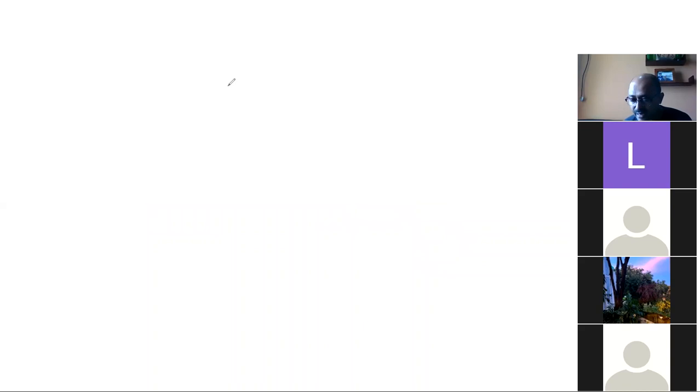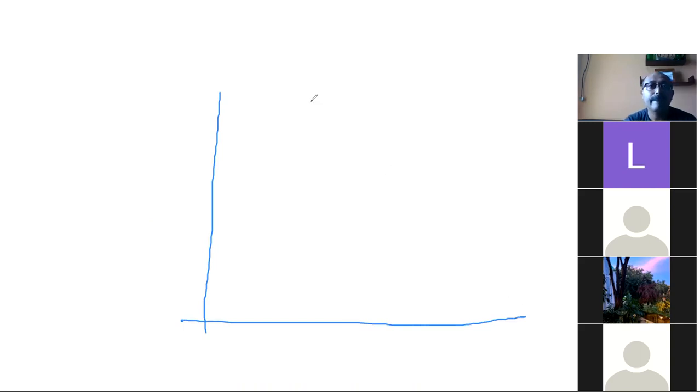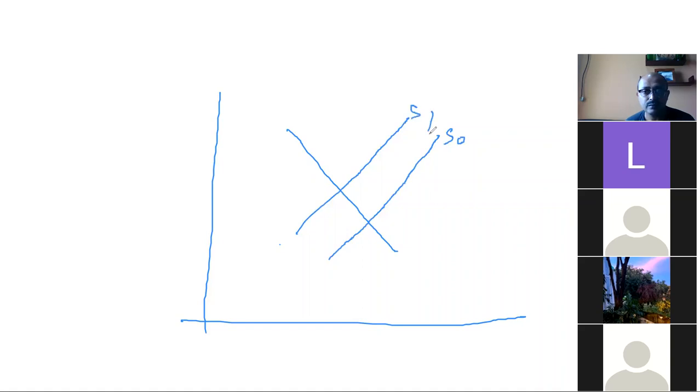Now the third diagram, again I am trying my level best to draw. It is D0, D1, S0, S1.